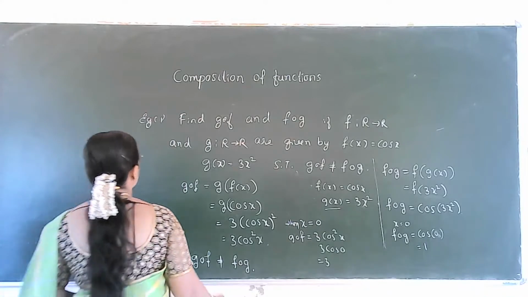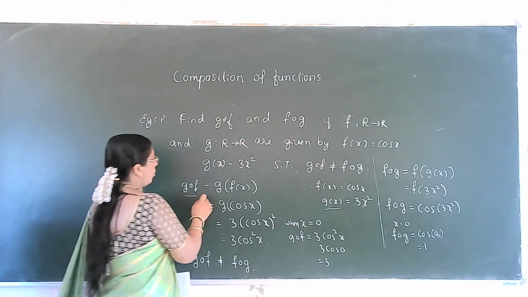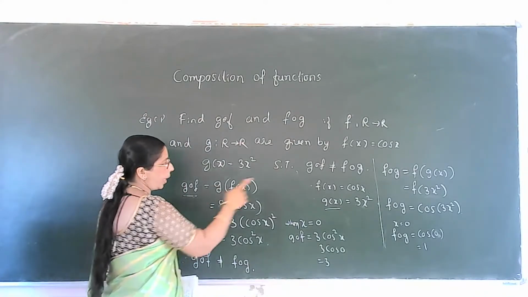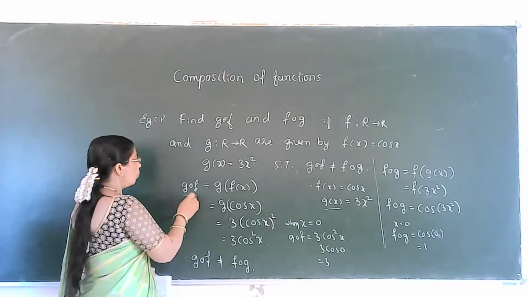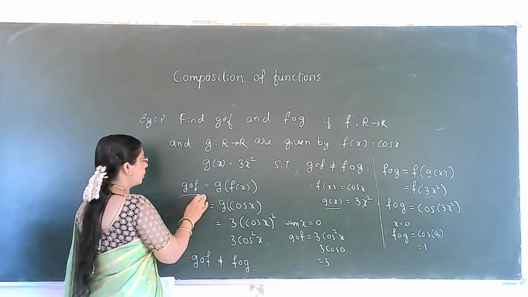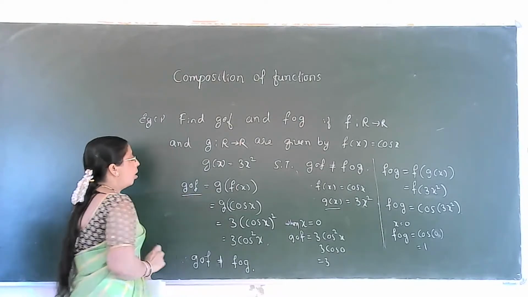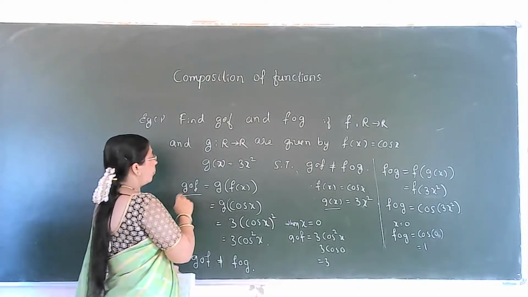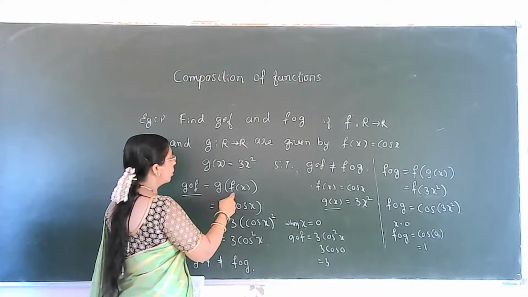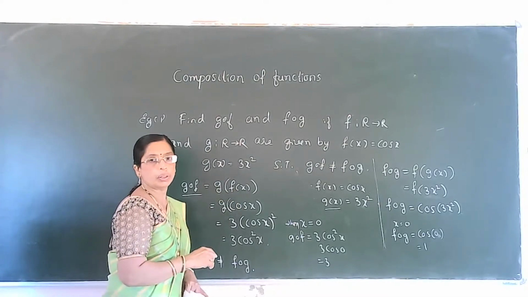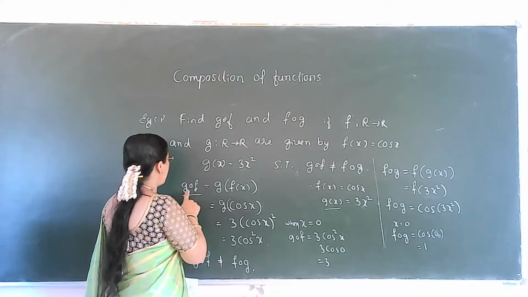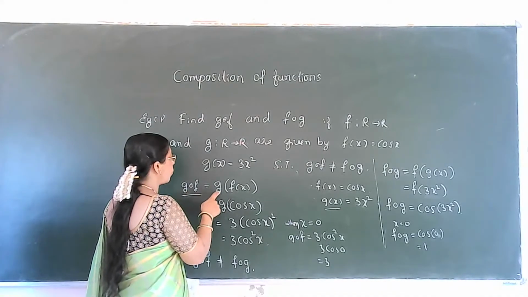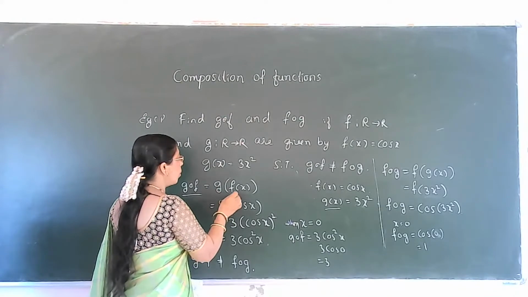First, you have to find g composition of f and f composition of g. Sometimes there is confusion in putting the value here. First, g composition of f is equal to g of f of x.